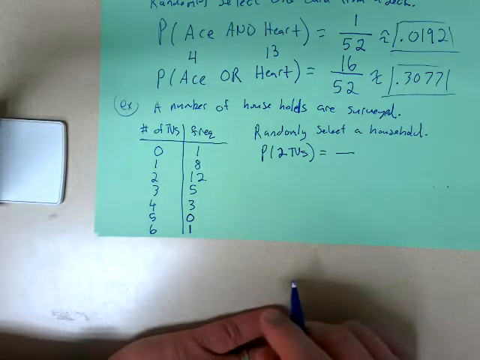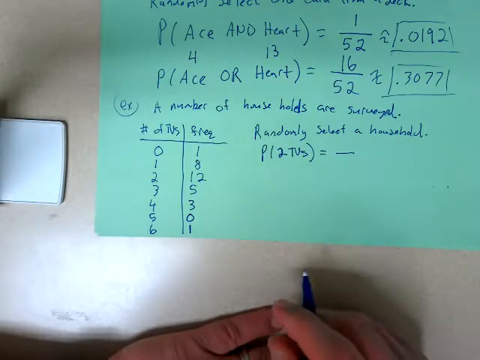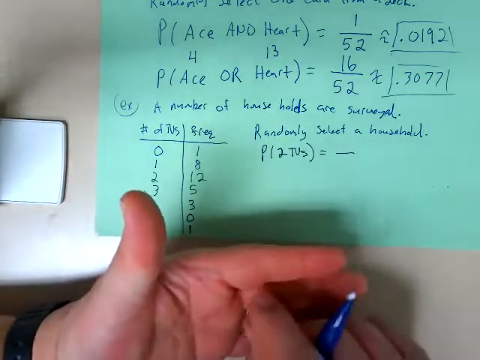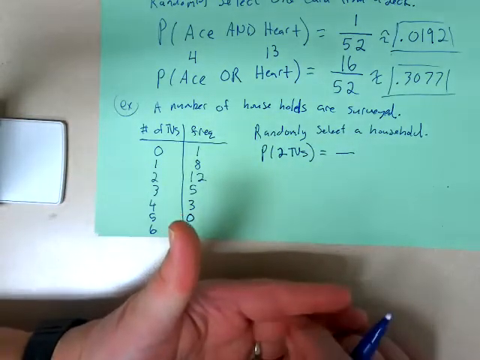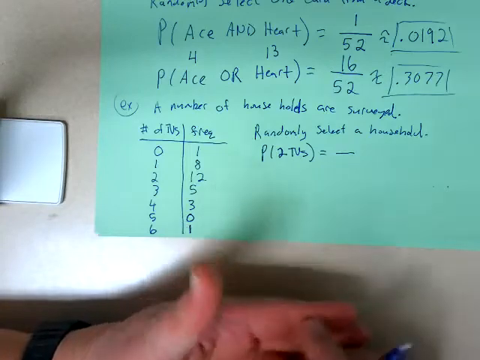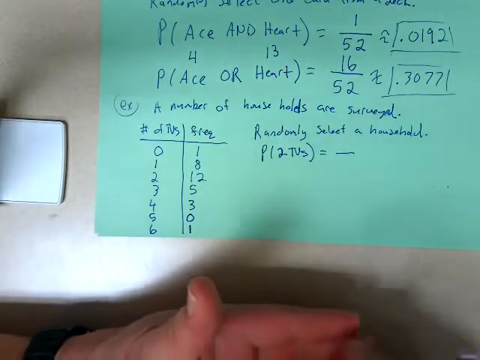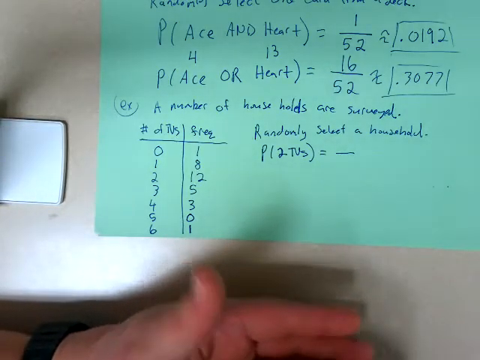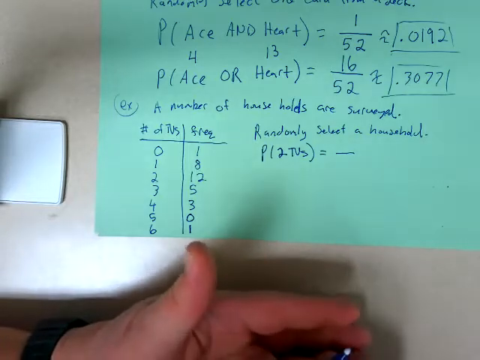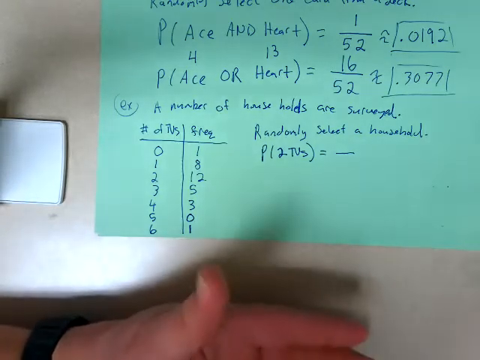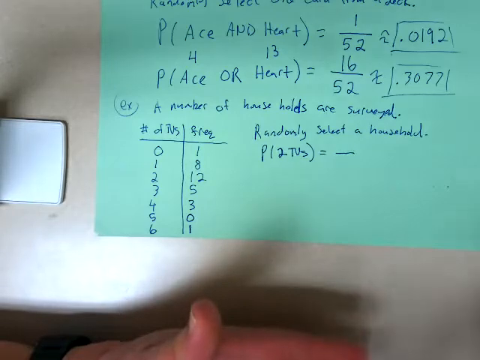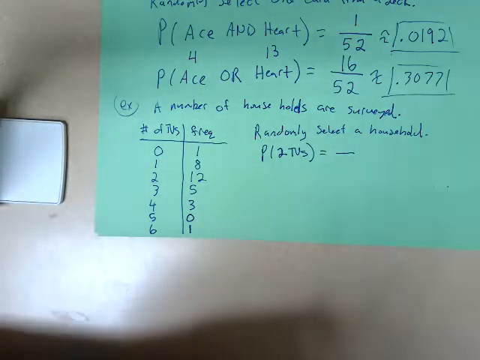Okay, so think of it like this. Think of you're taking your sample and you're writing down the Smiths. They have 2 TVs and you put it in a hat. The Joneses, they have 3 TVs. The Thompsons, they have 1 TV. And you're putting all these names in a hat and then you're drawing a name out of the hat.